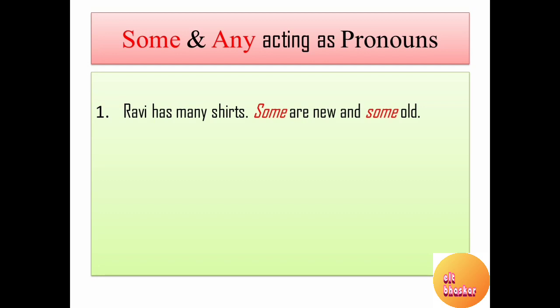Number 1. Ravi has many shirts. Some are new and some old. And here you can well understand that some here refers to nothing but the shirts. Shirts is a noun for which we use some here, acting as a pronoun, right?